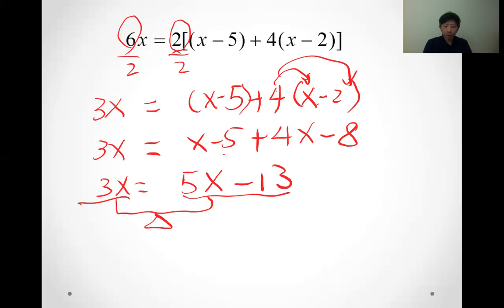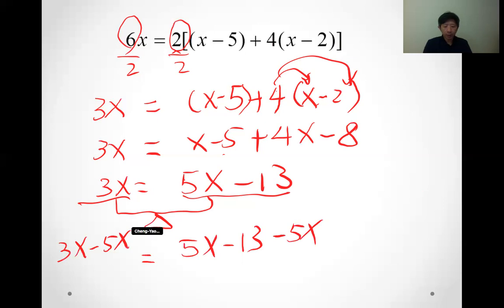So I minus 5x for this, and the same thing, we have to minus 5x for this, right? And then that will become negative 2x equal negative 13, right?